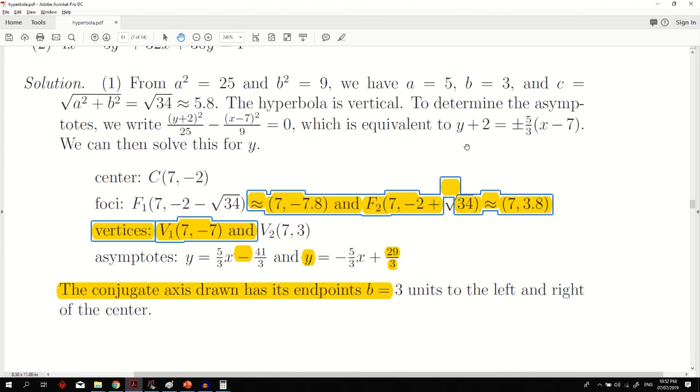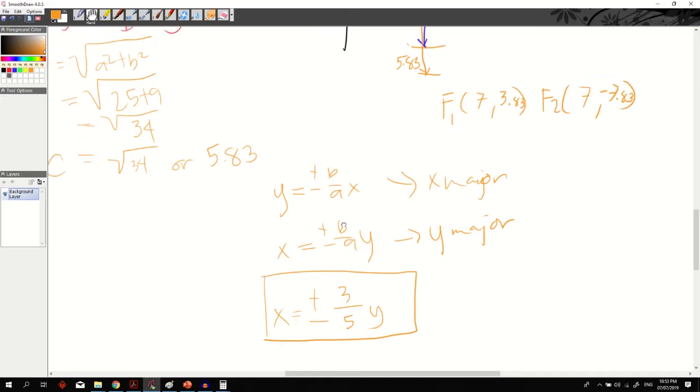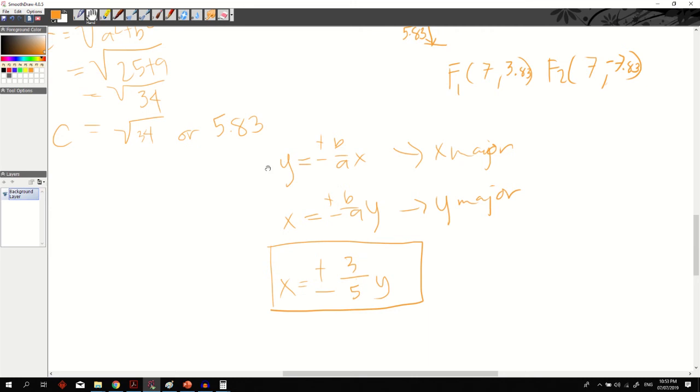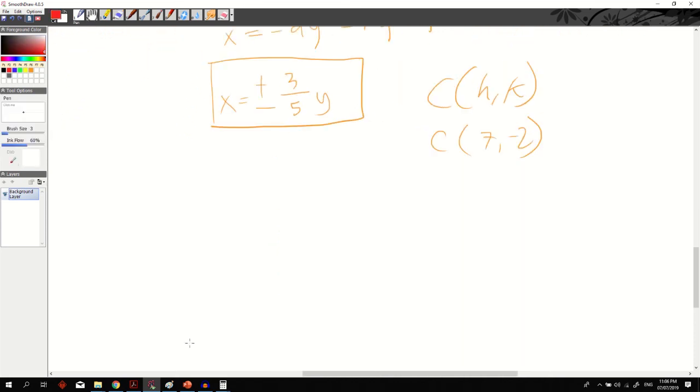So our mistake here is we didn't put the what? Okay, very good. We didn't put that one. So this should always be here. Right? So in getting the asymptote, we forgot to put the h and k.